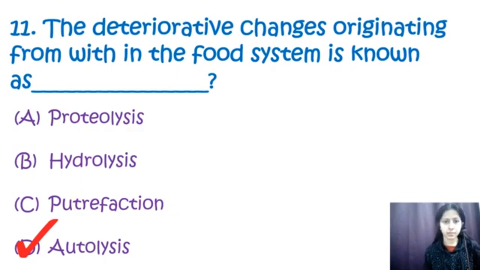And proteolysis is the breakdown of protein into small polypeptides or amino acids by the action of enzymes, which is the protease enzyme. So with the help of protease enzyme, the protein is broken down into simpler substances. So here the correct option is option number D, that is autolysis.